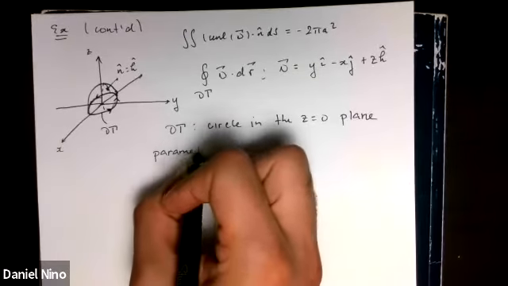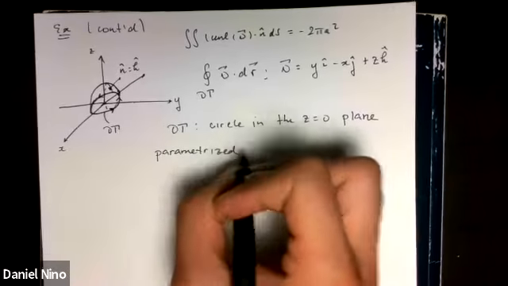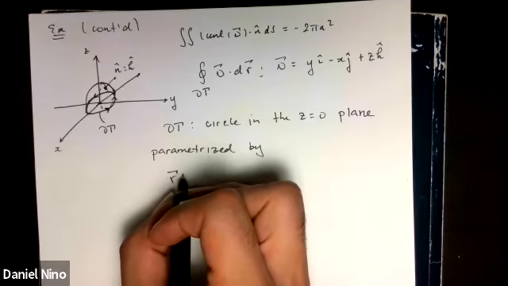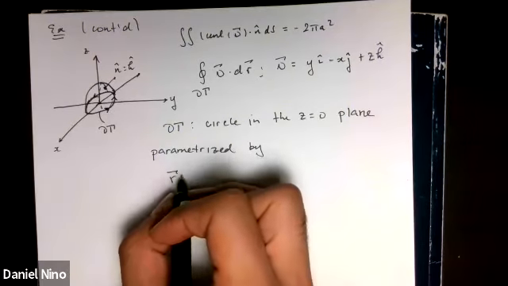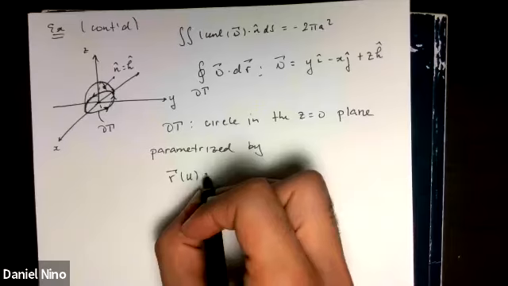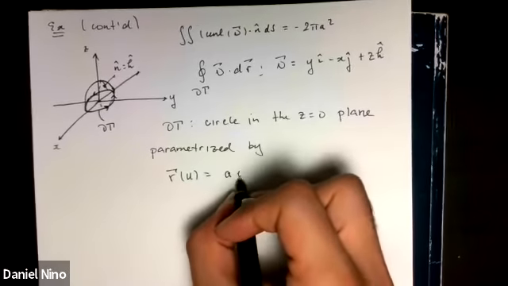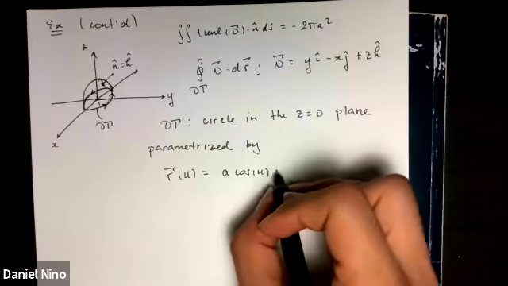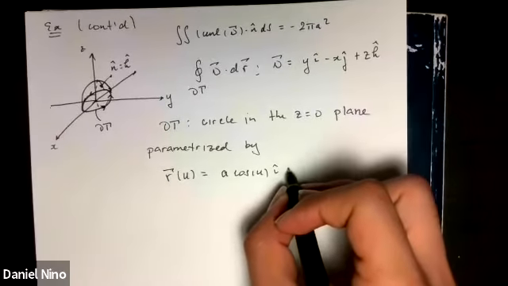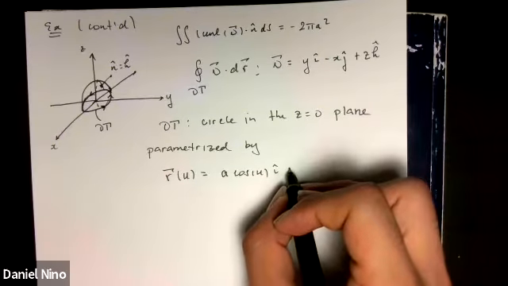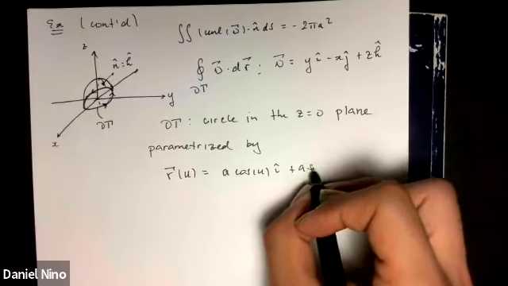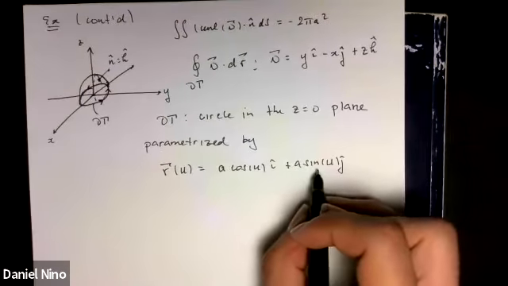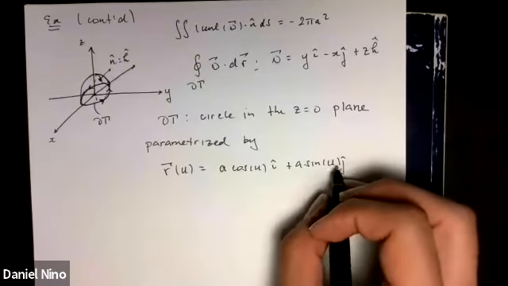So our curve is parametrized as follows. You have a, the radius of your circle, cosine u, i hat, and the radius of your circle times sine u.